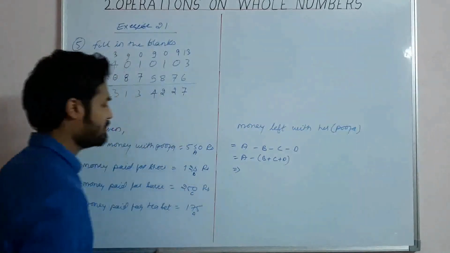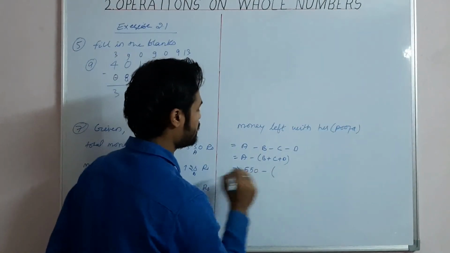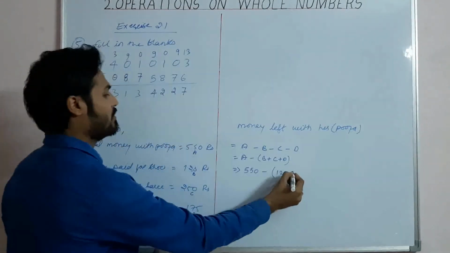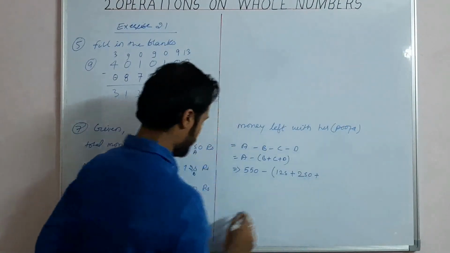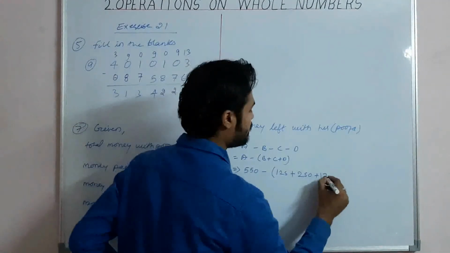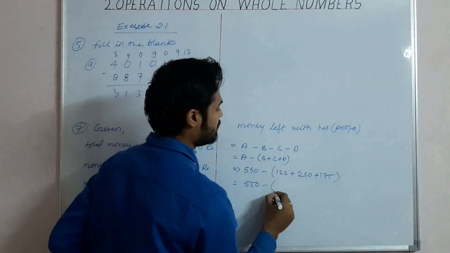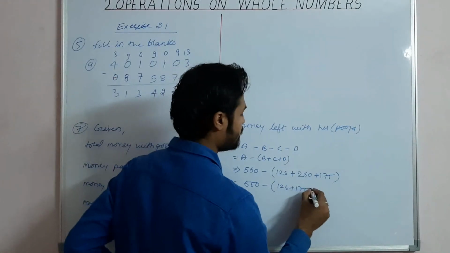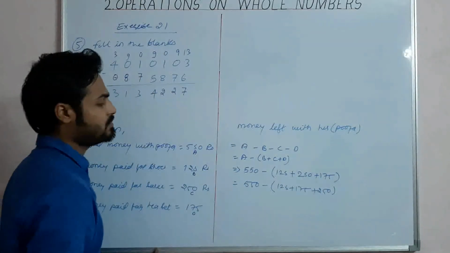Now putting values, 550 minus, in bracket, 125 plus 250 plus 175. So 550 minus 125 plus 175 plus 250. Which property have we used here?